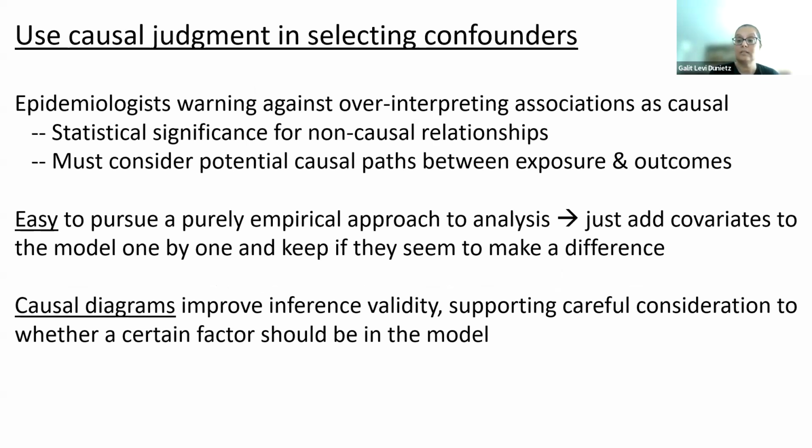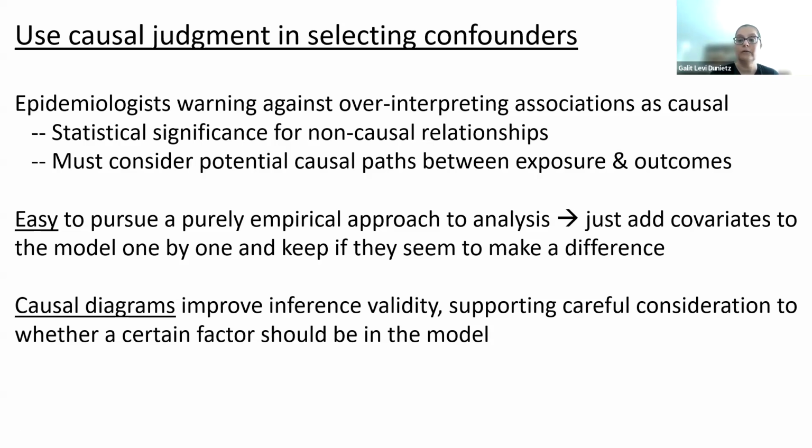But the fact that you see statistical significance of a variable in a model doesn't mean that it actually represents a causal relationship. So before you enter any variable into a regression model, it should be considered carefully in relation to the exposure and outcome. What is its causal role in the relationship that we're trying to study?